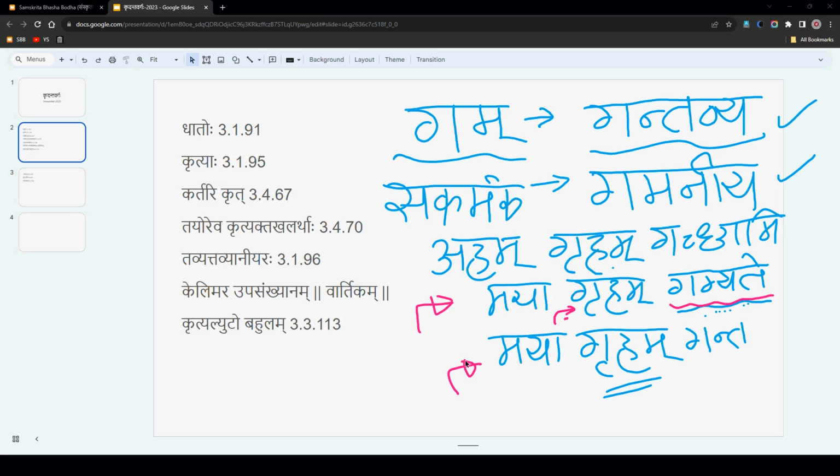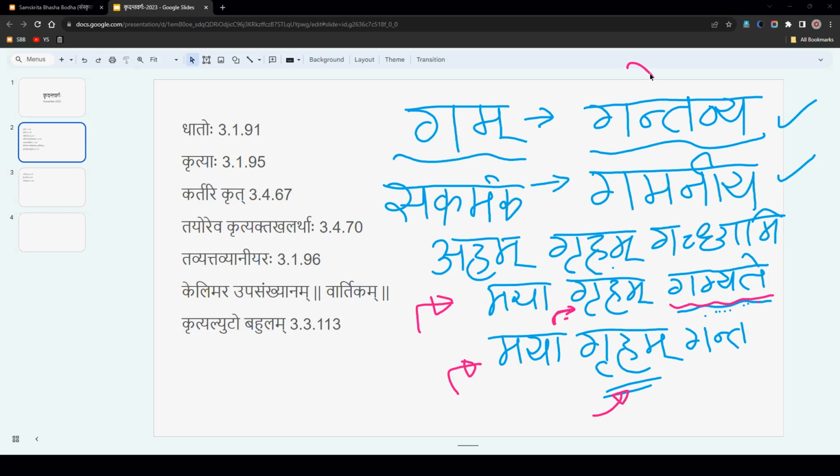Maya graham gantavya: the linga vachana will be according to the karmapadam, because gantavya is a namapadam now, whereas gamyate was a kriyapadam. Gamyate, a kriyapadam, doesn't have a lingam, it only has the vachanam, which complies with the karma padam in that sentence. It's ekavachanam.